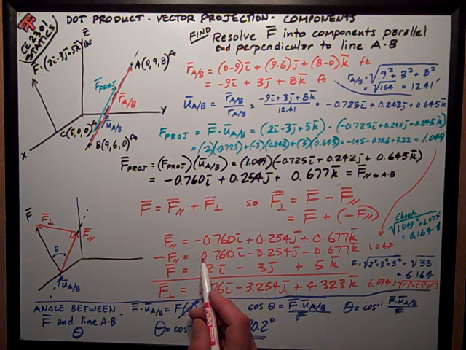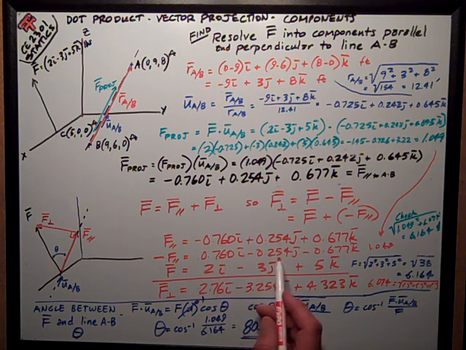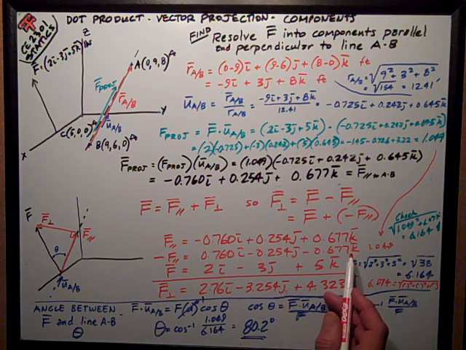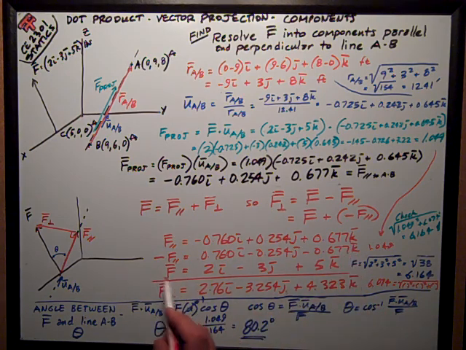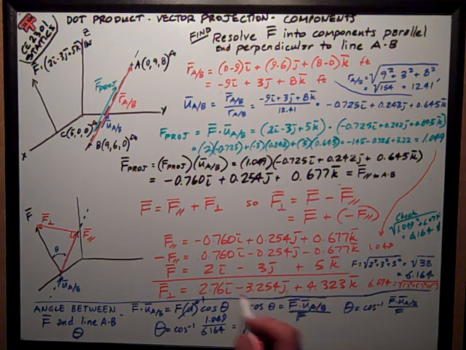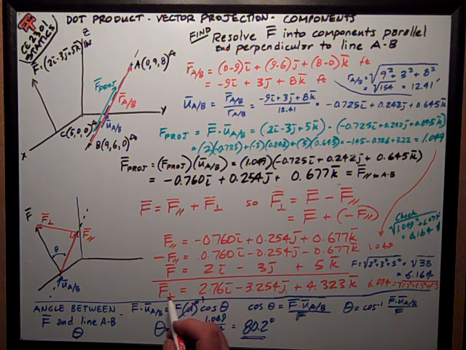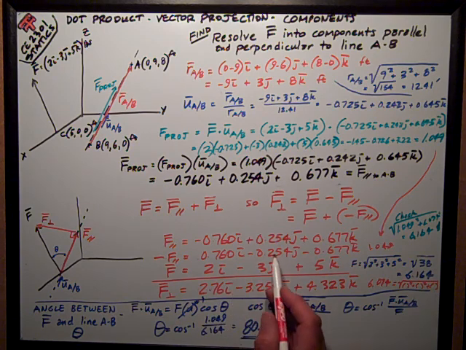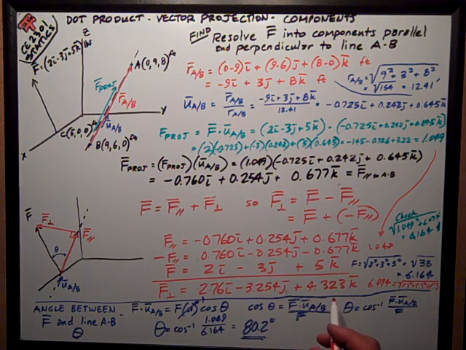So that's positive 0.760i minus 0.254j minus 0.677k. Then I rewrite vector F right below it, so I can just add the columns, and I get that F perpendicular is equal to 0.760 plus 2, or 2.76i. Add those two, which gives me a negative 3.254j. Add those two numbers, I get 4.323k.